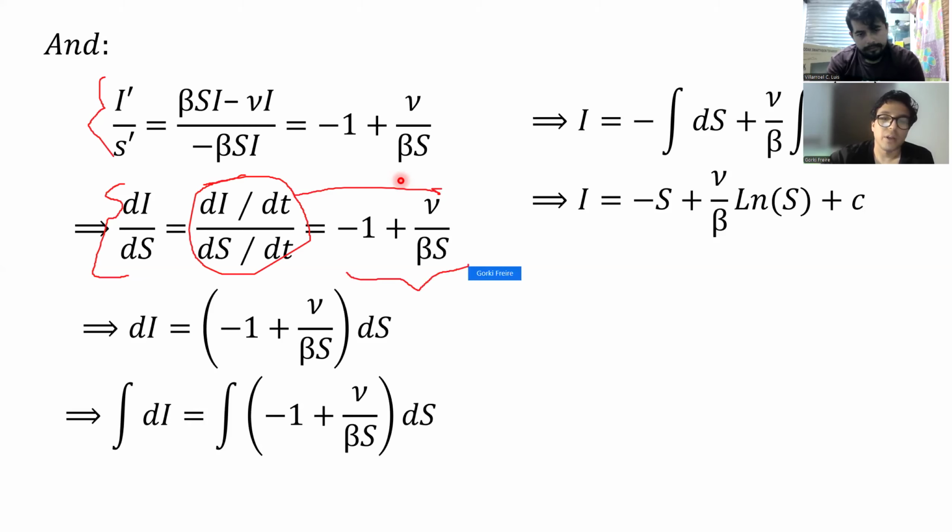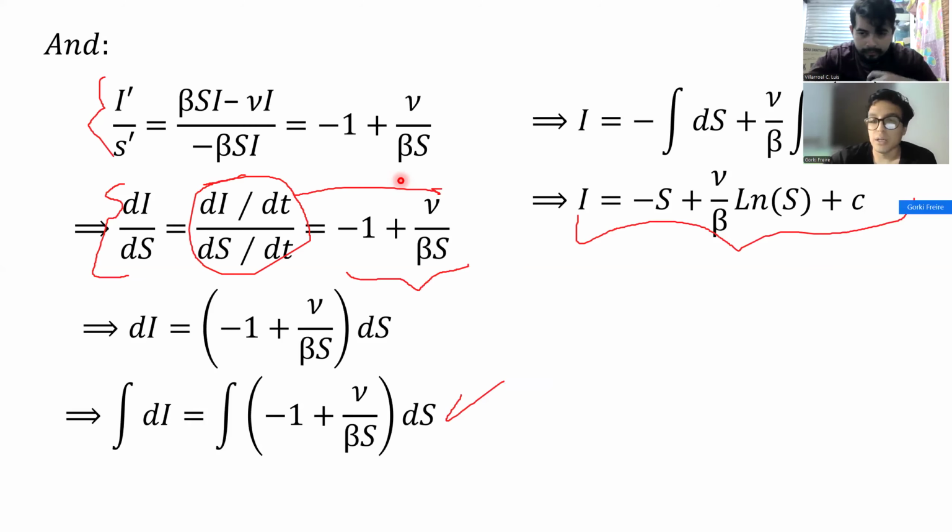From here, we can take integrals and solve, and we get this expression: I equals minus S plus V over beta log S plus C.